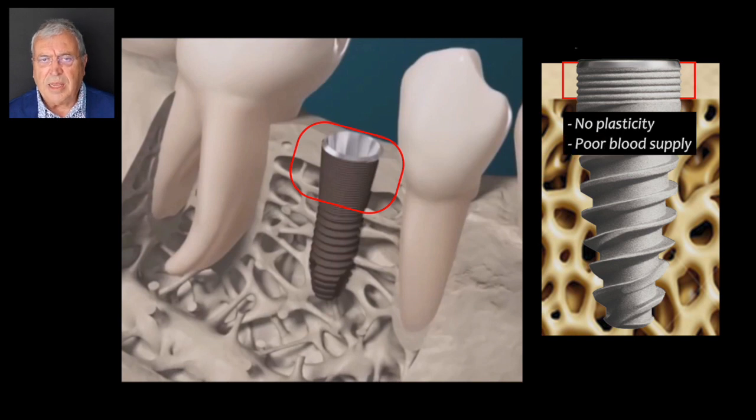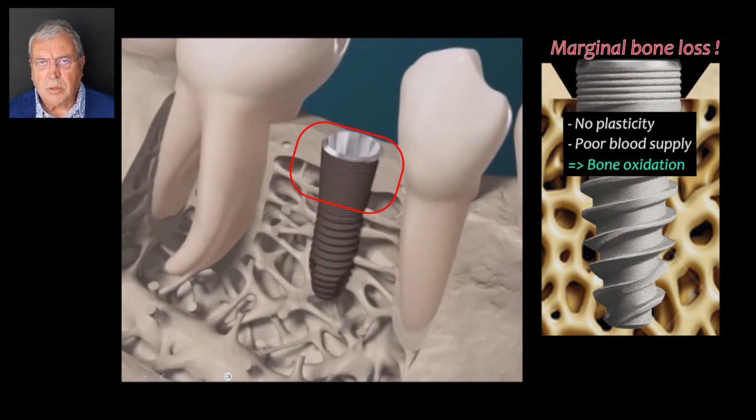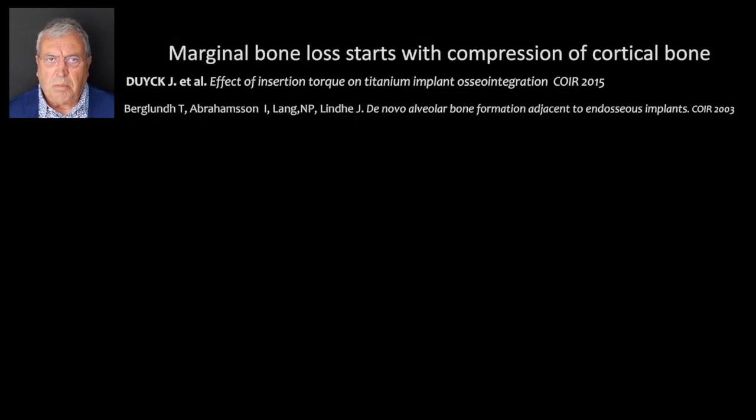This bone has a poor blood supply, and then pressure will induce oxidation. And this is how marginal bone loss occurs, by the pressure on the cortical bone. Marginal bone loss starts with compression of the cortical bone.